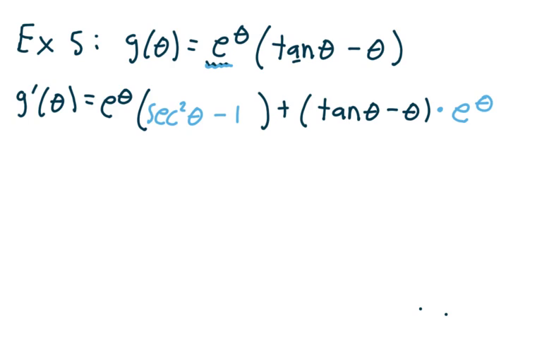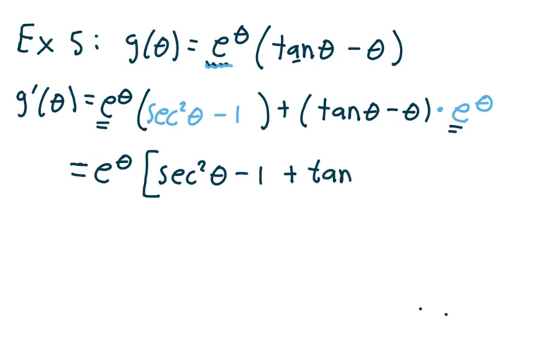Okay? Now, I notice that I have an e to the theta common to both. So I'm going to factor that out. I'm going to take an e to the theta out, and I'm going to write down secant squared theta minus 1 plus tangent theta minus theta.